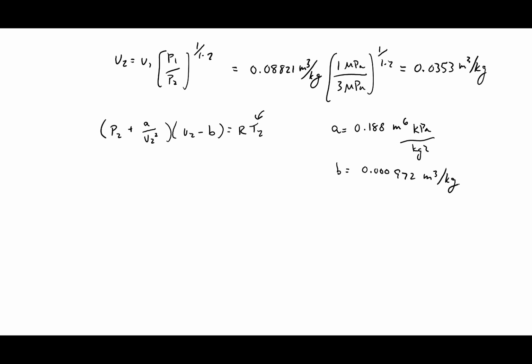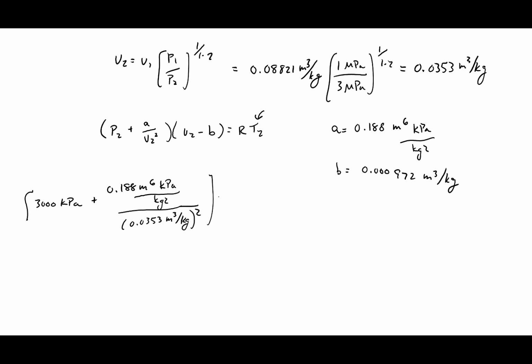If we plug these values into the van der Waals equation, P2 is 3,000 kilopascals, or 3 times 10 to the third kilopascal, plus A, which is 0.188 meters to the sixth kilopascal per kilogram squared, divided by V2 squared, which is 0.0353 meters cubed per kilogram squared.